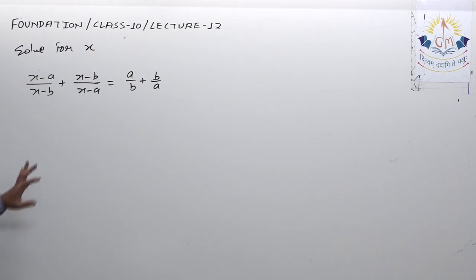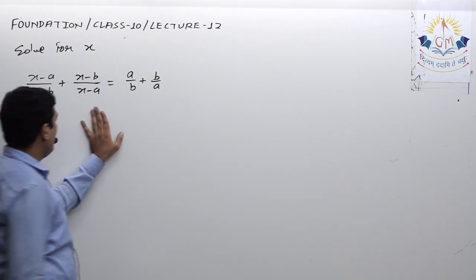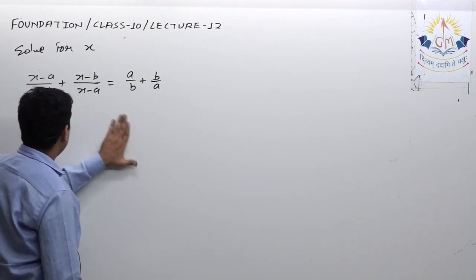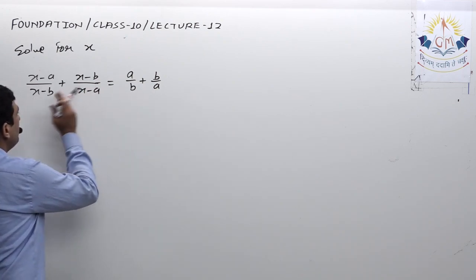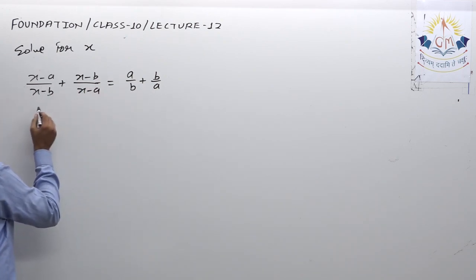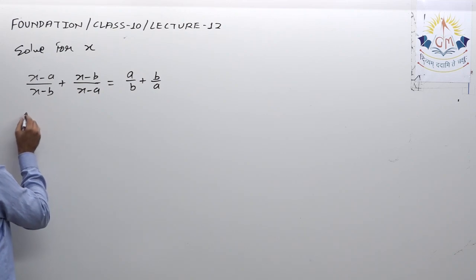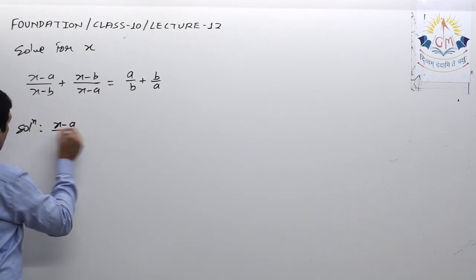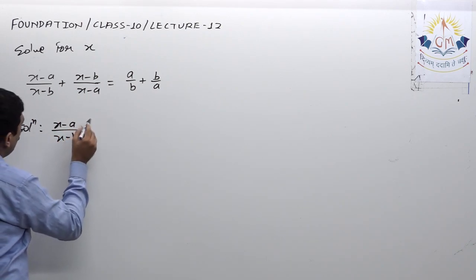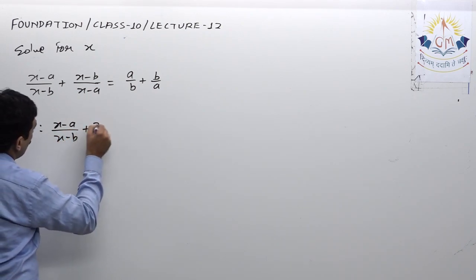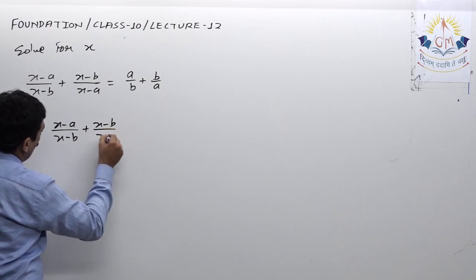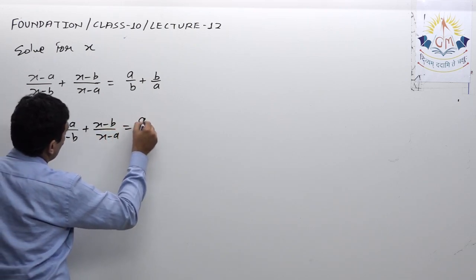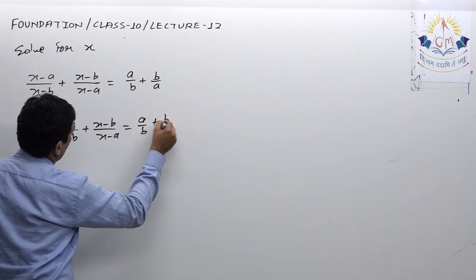Okay, now let us see its solution. Again, here I won't start solving it directly. I will take one term from left to right. So starting with this: x minus a upon x minus b plus x minus b upon x minus a is equal to a upon b plus b upon a.